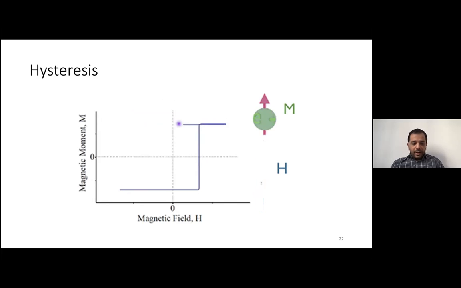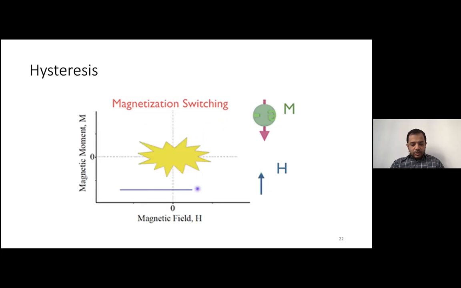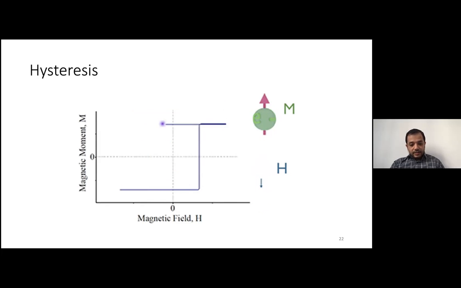Once we go back to 0, and perhaps increase the field in the opposite direction, as you can see, there is a delay, just like when we rub the nail against a permanent magnet.